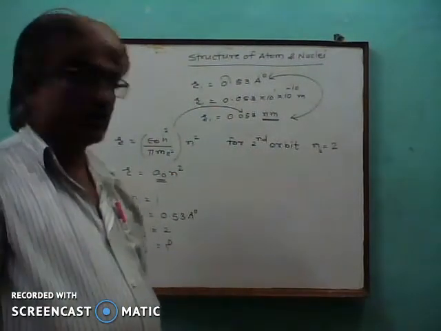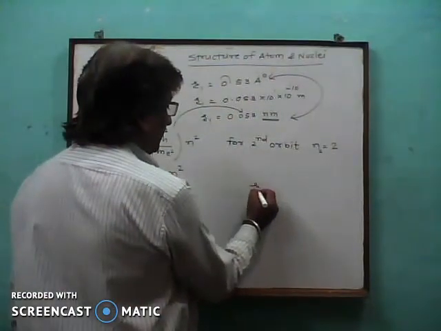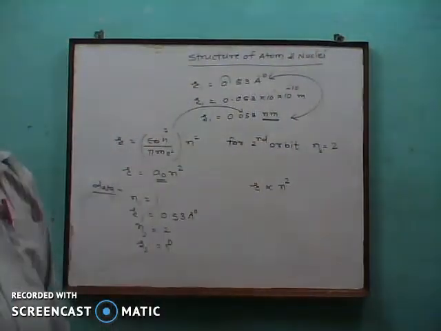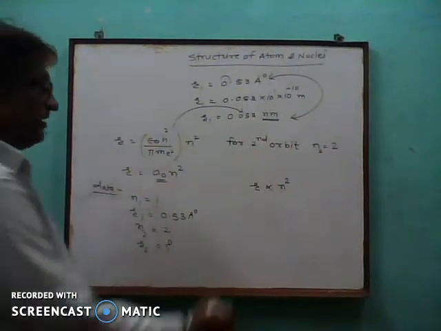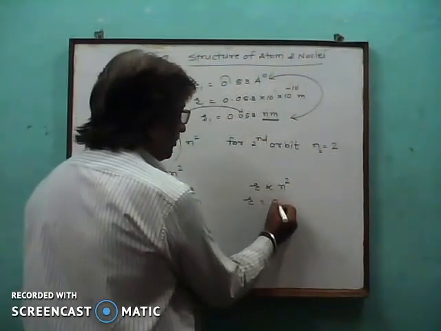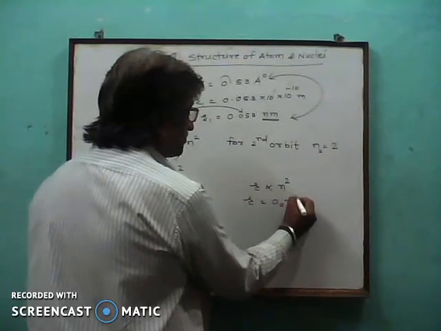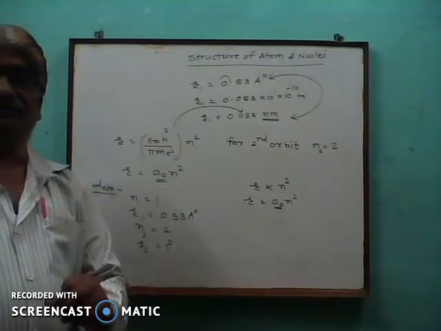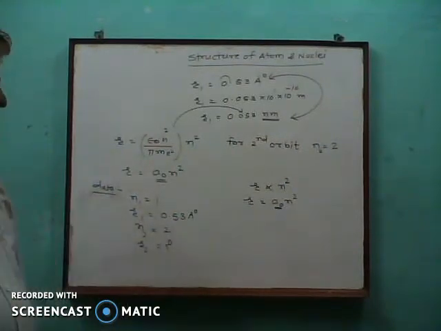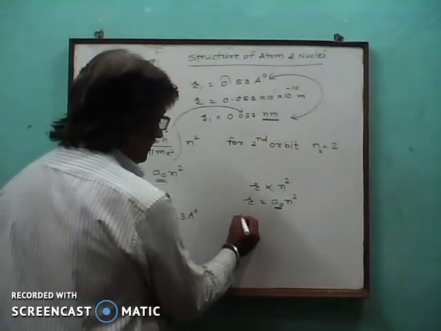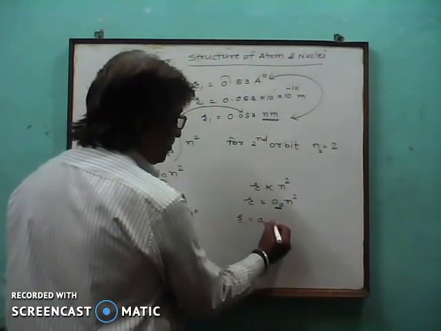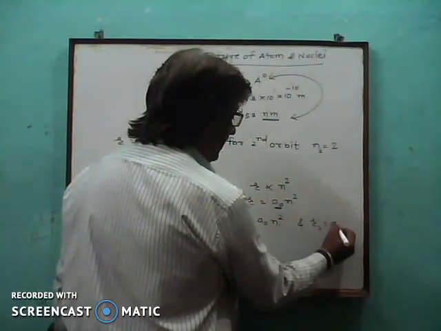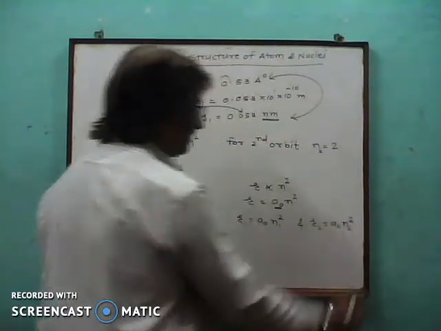See here, we know radius of orbit in Bohr's theory of hydrogen atom is directly proportional to n square, meaning radius is equal to a0 n square, where a0 is a constant called Bohr's radius in first orbit or ground state. We also say that r1 is equal to a0 n1 square, whereas r2 is equal to a0 n2 square.